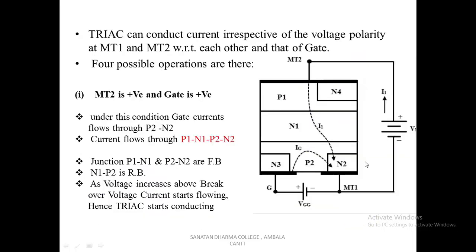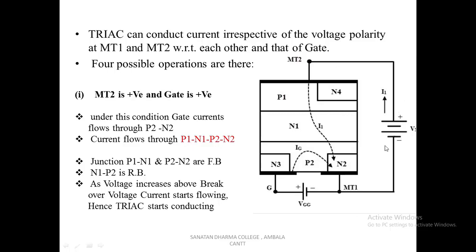Let us see all the 4 modes of operation. The possibilities are: MT2 and gate are positive, MT2 and gate are negative, MT2 is positive and gate is negative, MT2 is negative and gate is positive. We will see the conduction of the Triac in all these 4 cases one by one. The very first case is MT2 positive and gate also positive with respect to MT1.